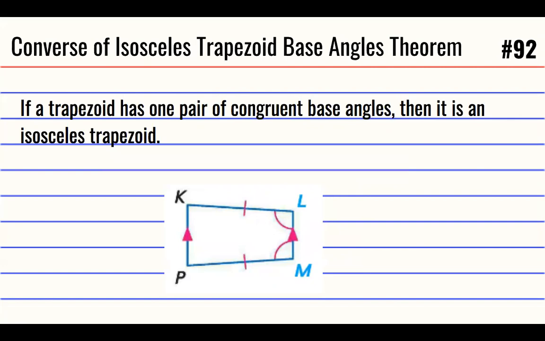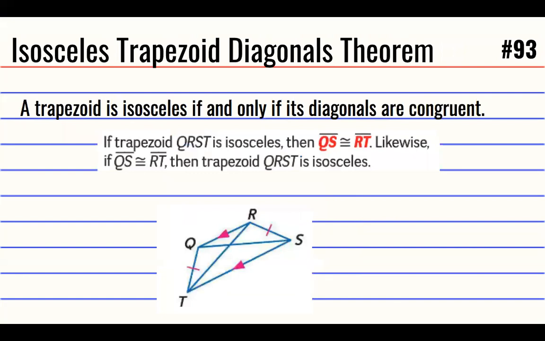Next, if a trapezoid has one pair of congruent base angles, then it is an isosceles trapezoid. So the converse is true involving the base angles. And then the third card says that a trapezoid is isosceles if and only if its diagonals are congruent.